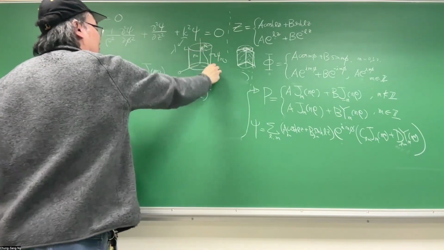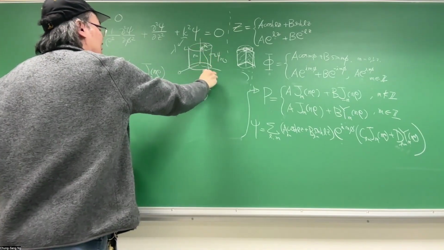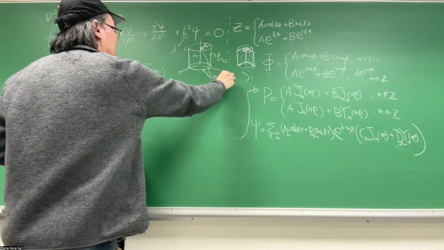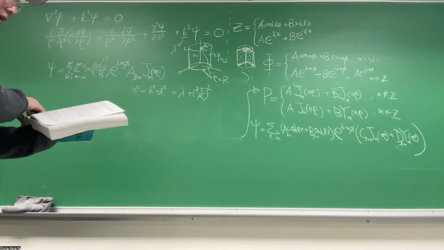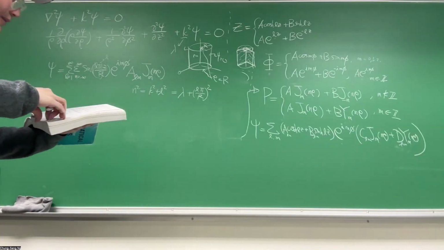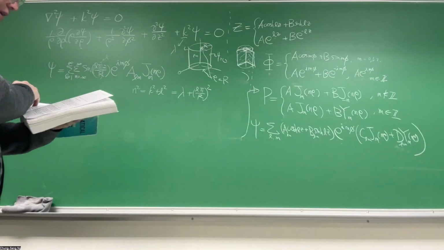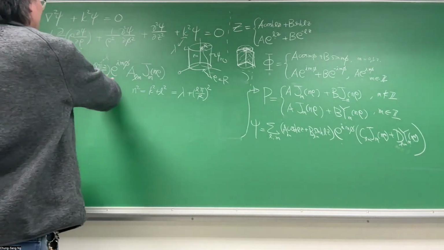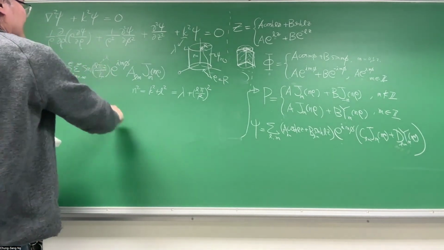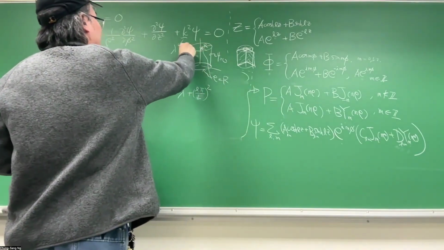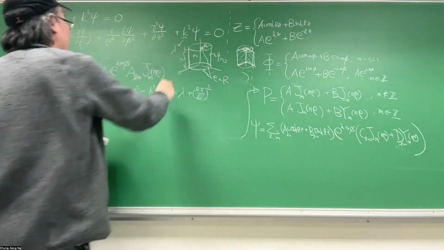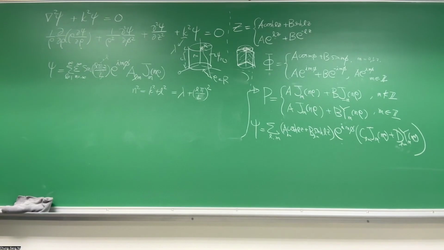This is R. The radius is R. The surface is at rho equals R. Oh, is it R? I may have mixed the R and this is L. Sorry, this is L. This is R. I mixed the parameters.